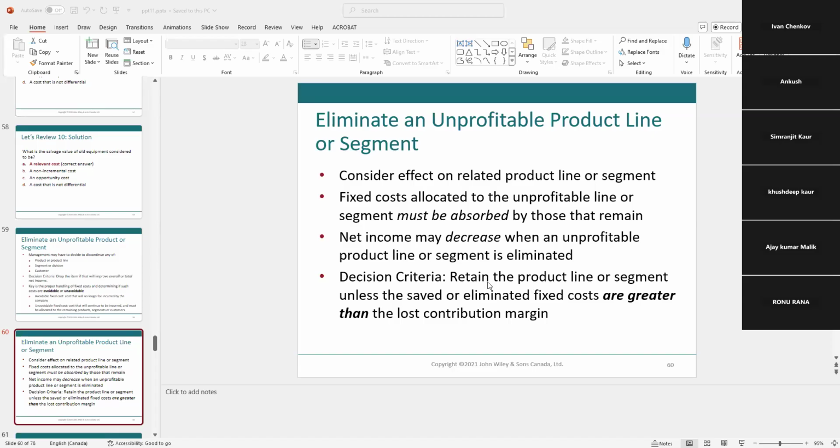The decision criteria again: you keep the product unless the saved or eliminated fixed costs are greater than the lost contribution margin. So let's go back to the Excel spreadsheet and interpret this.